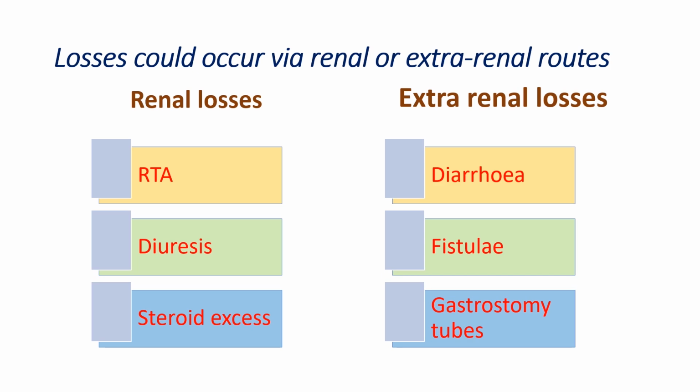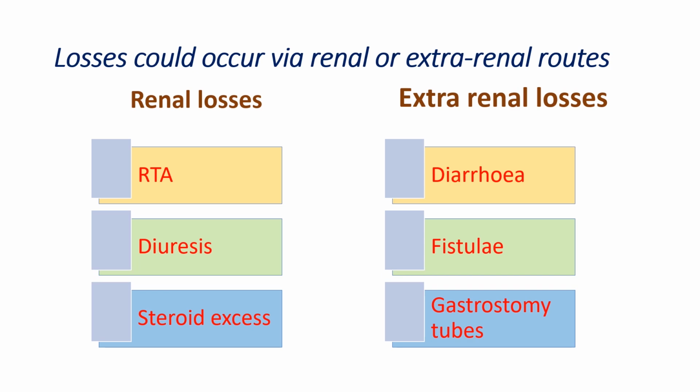So patients who are on steroid excess are very likely to have low levels of potassium because of the mechanism of operation that behaves like aldosterone. So any type of steroid that is given in excess will eventually lead to hypokalemia in the affected patient.